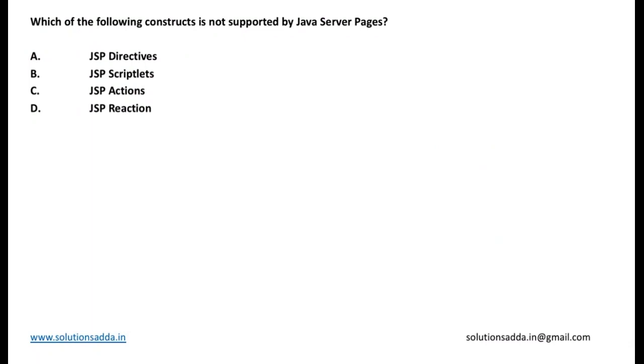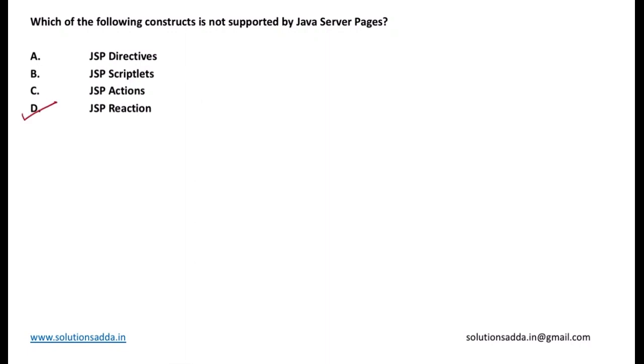This is a question from programming concepts, more specifically Java. Which of the following constructs is not supported by Java server pages? Options are JSP directives, JSP scriptlets, JSP actions, or JSP reaction. The correct answer for this question is JSP reaction, as there is no term called JSP reaction in Java server pages.